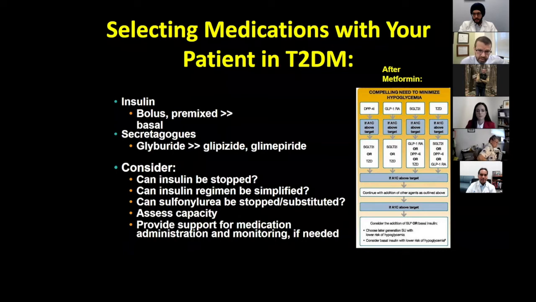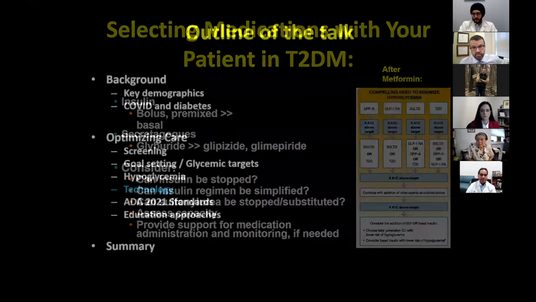And I think beyond what I've said about thinking about insulin and sulfonylureas, we're always going to ask: can the insulin be stopped? Can we use an alternative? Can we simplify the insulin? Can we stop the sulfonylurea? Can we use an agent which is less likely to cause a low, such as an SGLT2 or a GLP-1 or a DPP-4? And just by having those thoughts, we can definitely cut the risk for these patients as well.